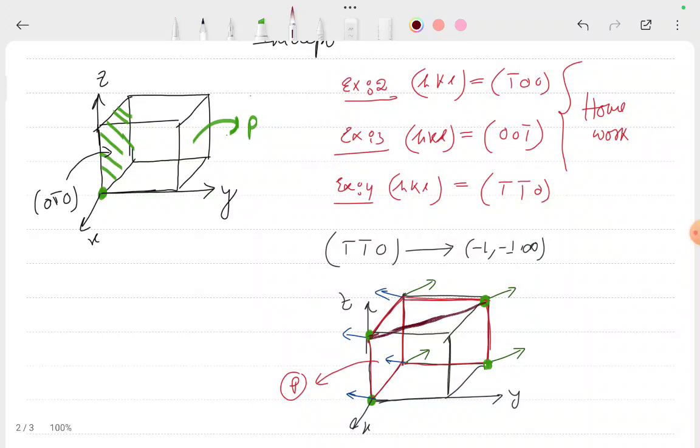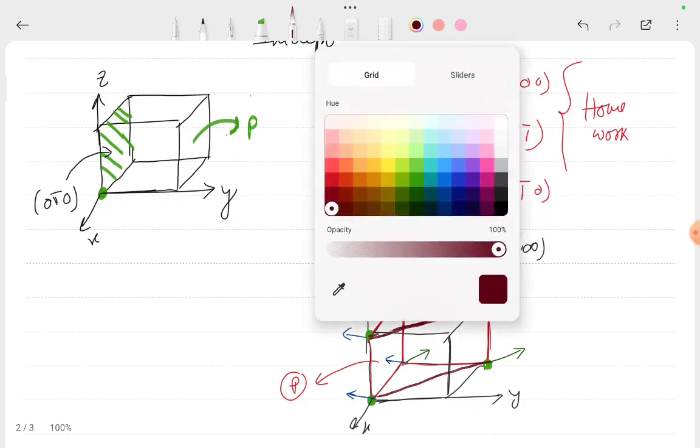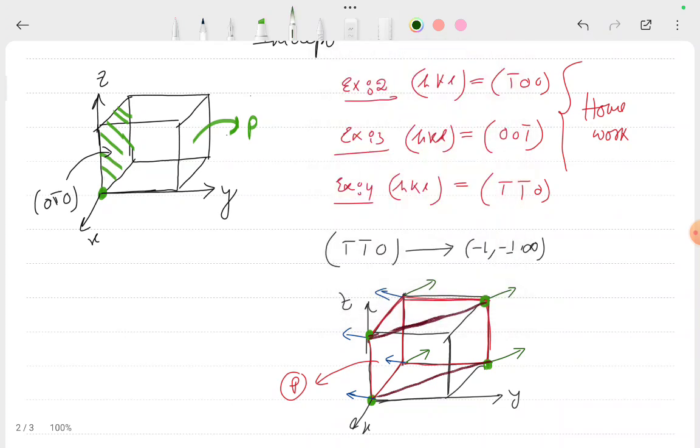So this point and this point, and now this is your plane of negative Miller indices. Is it clear? So this plane is actually 1 bar 1 bar 0.